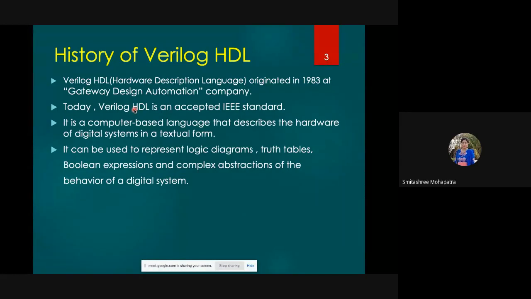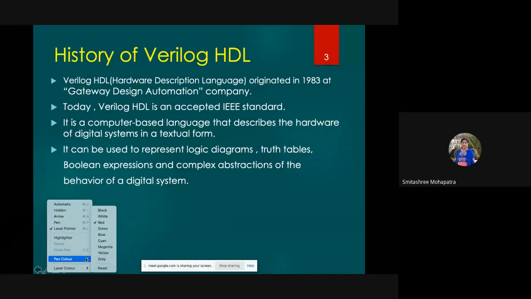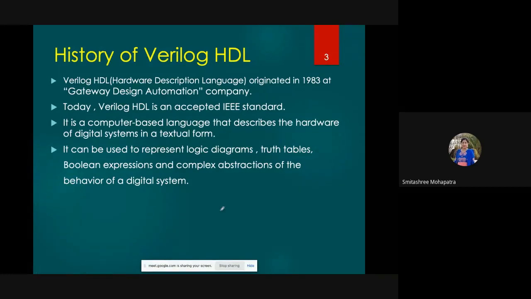Okay, so this is Verilog HDL, and it's not only used to design your hardware. HDLs, hardware description languages, are mainly of two types.